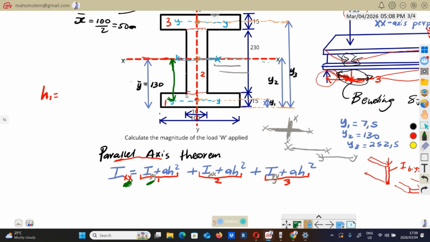YY1 is the YY line of box number 1. So the distance from here to the parallel axis of box number 1 is going to be H1.